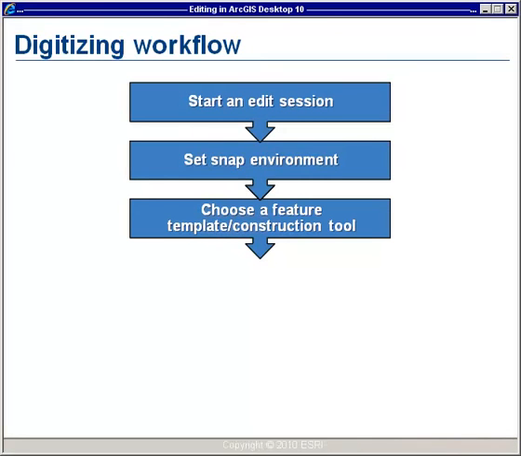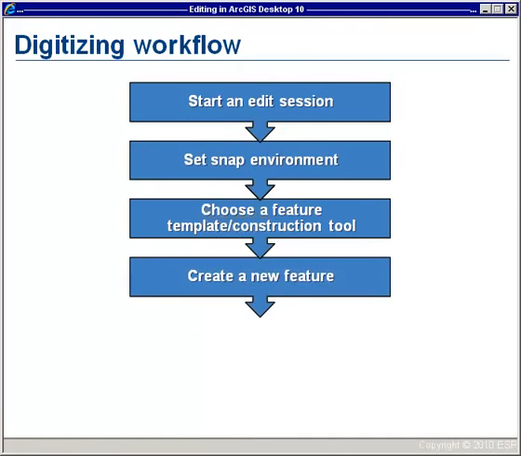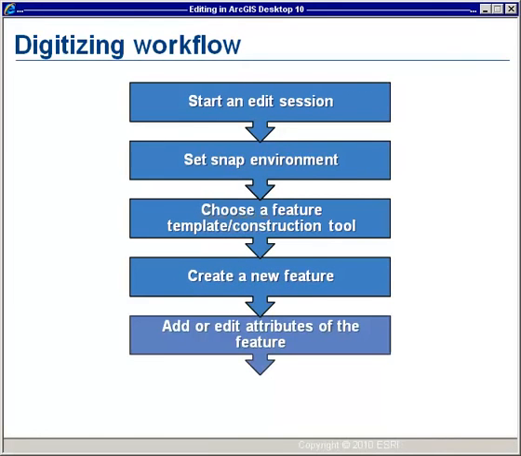Feature templates are created at the moment when you start your edit session, and they also come with a feature construction tool, with a default tool that is active. So you might want to go with the default tool or switch to a different feature construction tool. Then you're ready to create your new features in the map, assign your attributes, or maybe you might want to set some default attributes in the feature template, so you don't have to set them later on anymore.